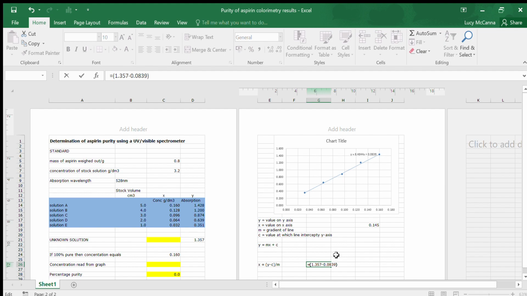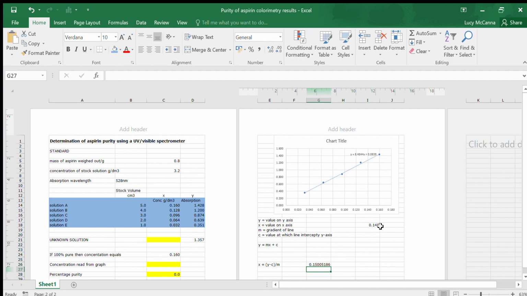And the last bit of this equation, if we look over here, is to divide those numbers by m. And m is this number, in y equals mx plus C, 8.4844. So if I press equals, Excel is going to solve that for us.